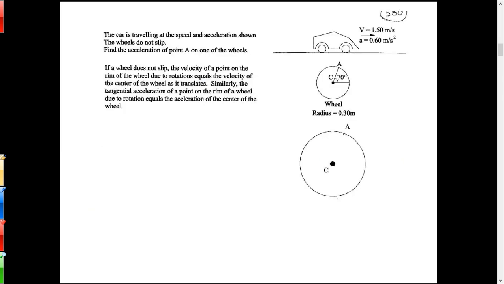Given that, let's figure out what the acceleration is at point A as that wheel accelerates to the right at 0.6 meters per second squared, and it's got a velocity of 1.5 meters per second. We've got a 0.3 meter radius for this wheel, and we're going to look at point A, which is 70 degrees up and to the right from the center.